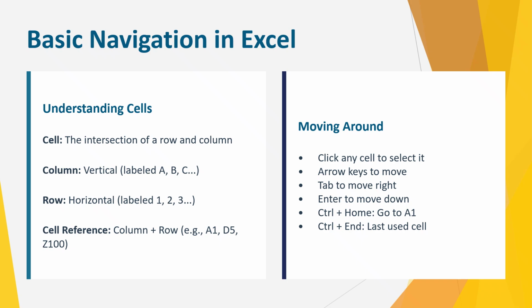Moving around, to select or click any cell, you use the arrow keys; we press enter, we move down. You can also use Control Home to go to cell A1 and Control End to go to the last cell.